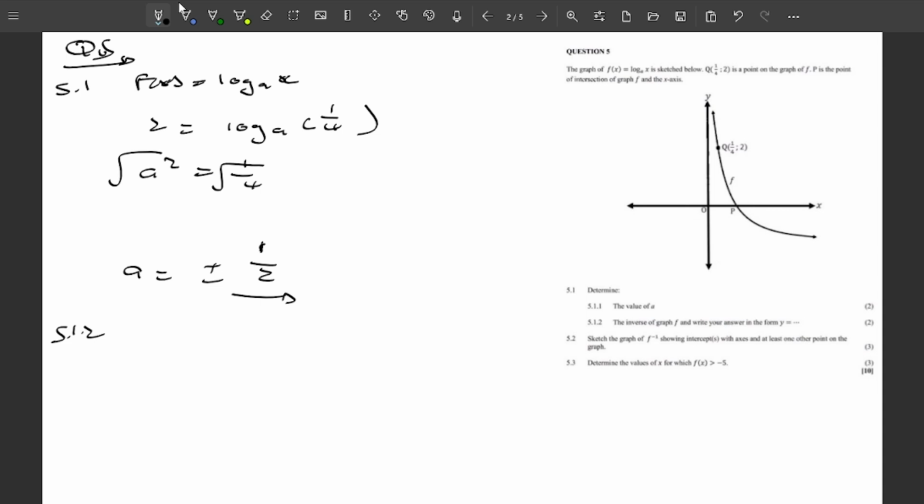To find the inverse function, you just have to interchange the values of x and y. Now we're just going to write this and say y is equal to log base 1/2 of x. Let's choose the positive one, by the way.